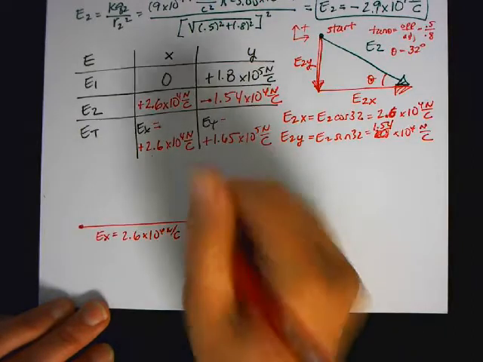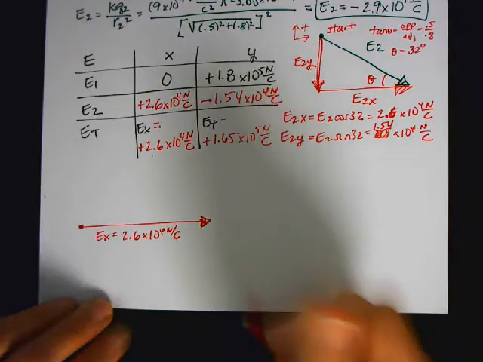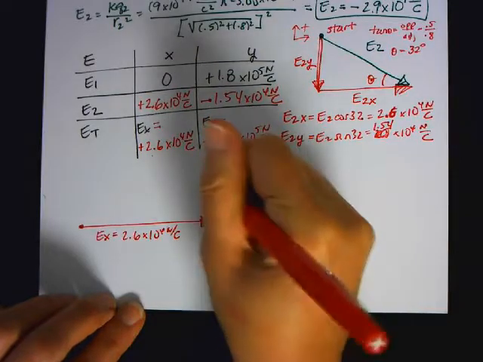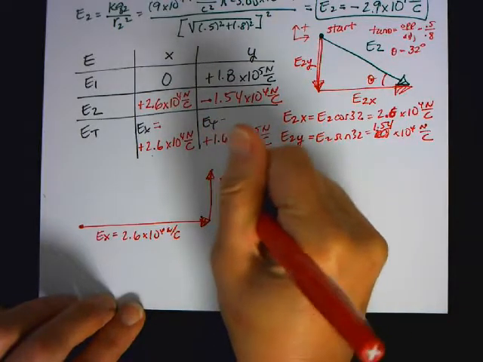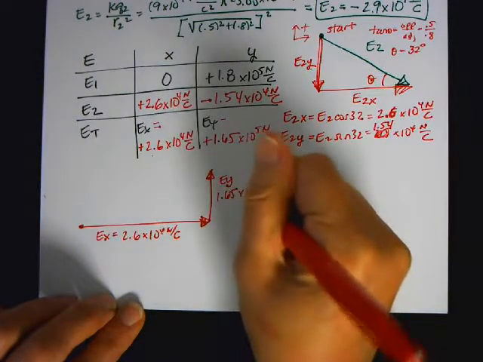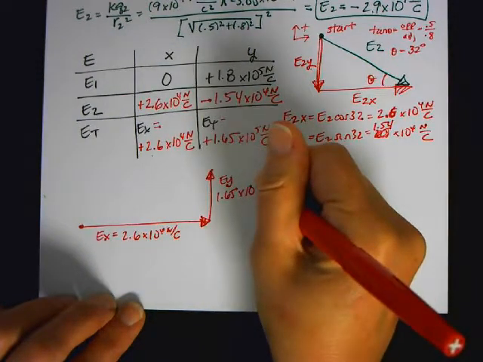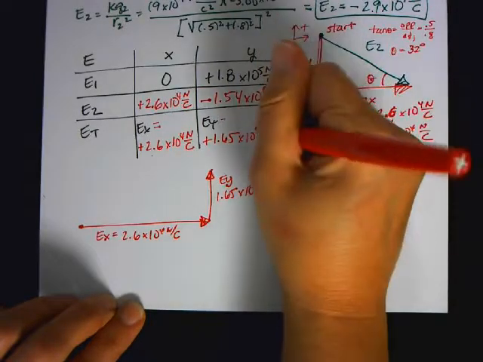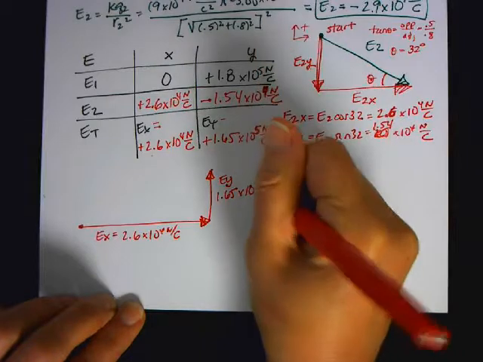From the head of this vector, I do the tail of the other. So now here's EY, and this is positive, that's why I made it go up. So EY was 1.65 times 10. Oh, this is supposed to be to the 5th. This one, that was to the 4th. So this is to the 5th.